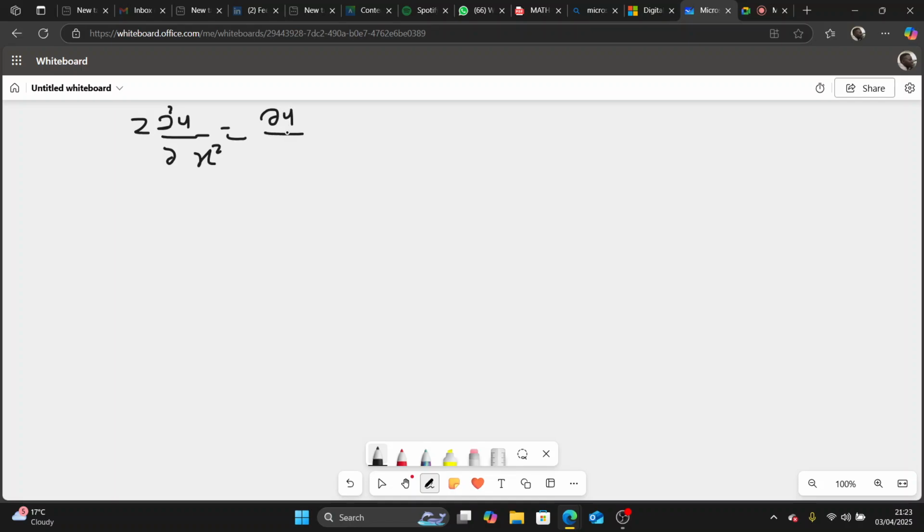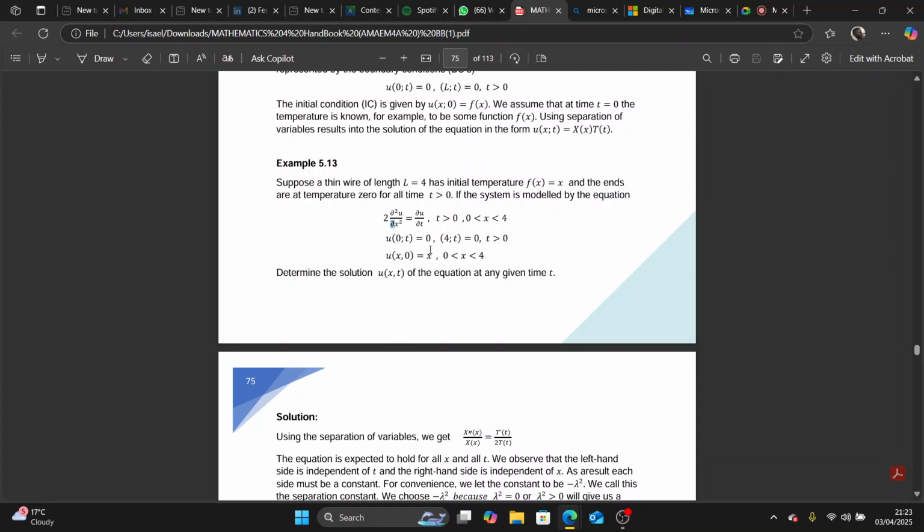Partial u over partial t. Now remember, what does this mean? Without thinking, we use our separation of variables. We have the second partial derivative of u with respect to x.